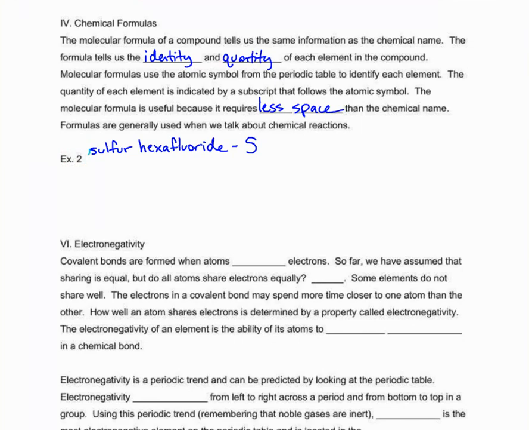So there's the sulfur and hexafluoride. So we've got this suffix IDE. This is really the root right here. Fluoride, fluorine. And hexa, if you look back on the previous page, tells you that it is 6.